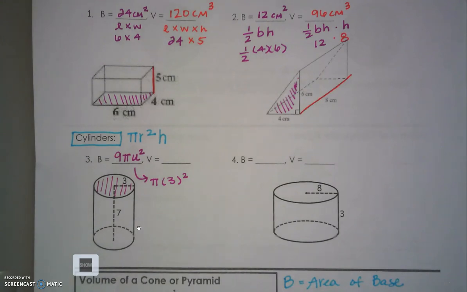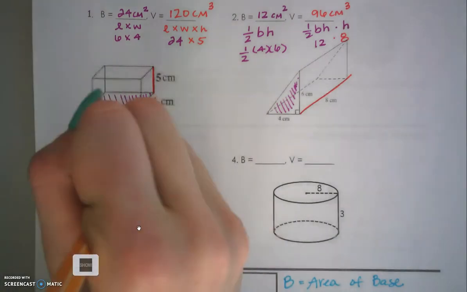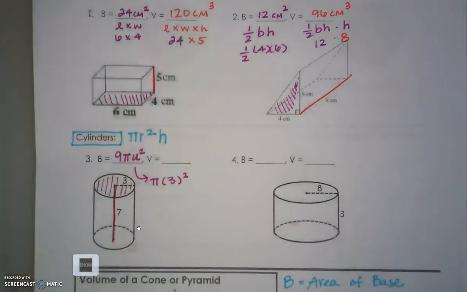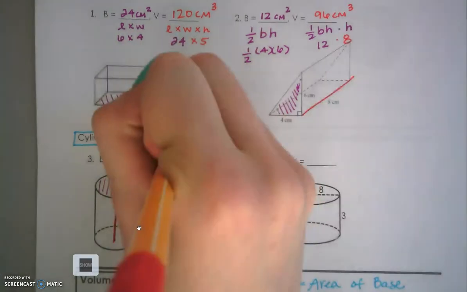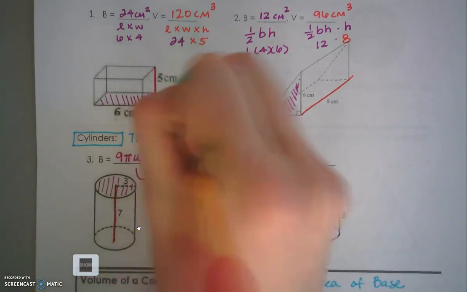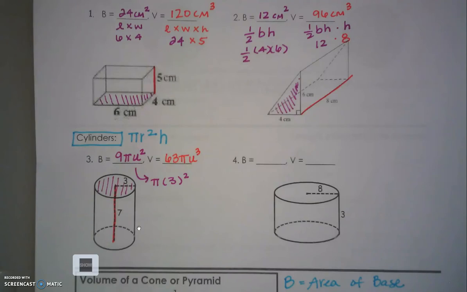So my volume is going to take that 9 pi and multiply it by 7 because the height of my cylinder is 7 units. So this is going to give me 63 pi units cubed.